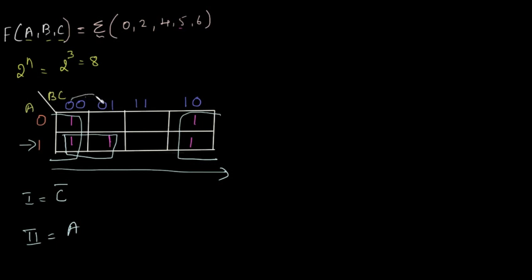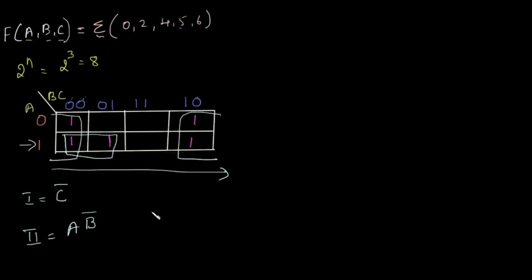B is shifting from the first cell to the second cell, and there is no change in value. B is 0, so we can simply put B bar. But C is 0 here and it is jumping and joining here, so C's value is changing from 0 to 1, so we should not take the value of C. So the answer is AB bar.